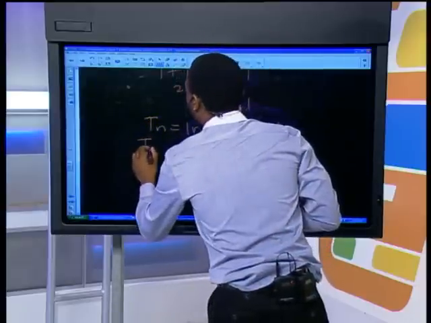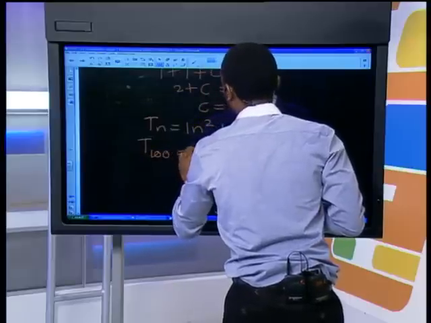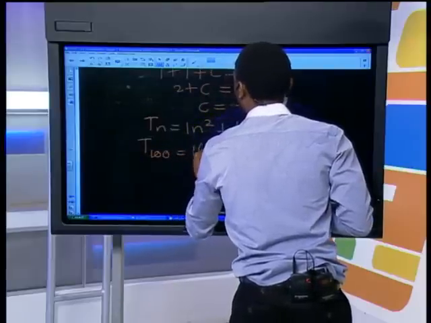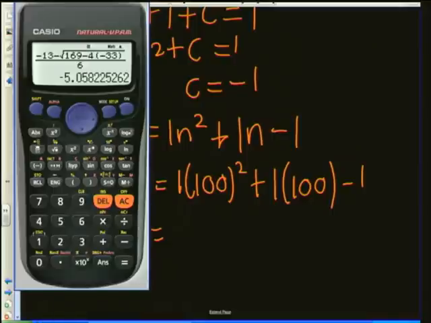So T100, or the 100th term, is equal to 1 times 100 all squared, I'm just substituting, guys, plus 1 times 100 minus 1. So let's bring up our calculator, our loyal friend.